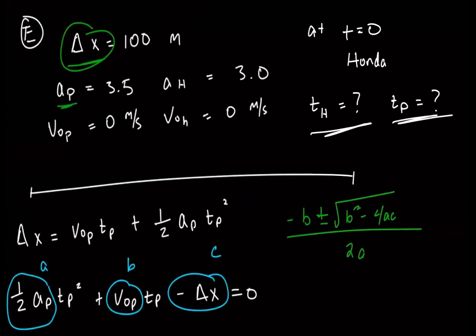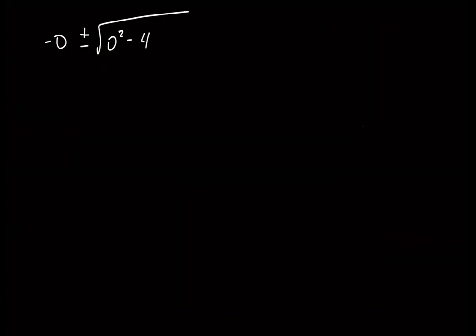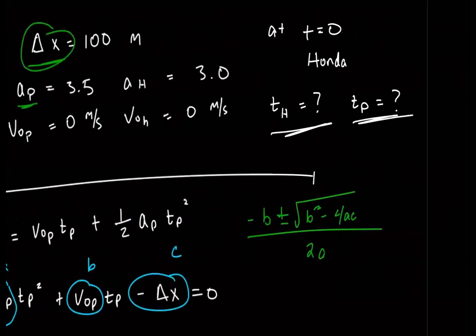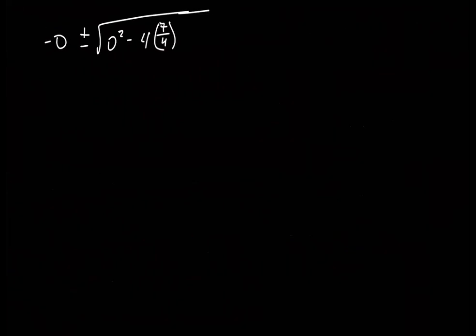I'm going to be real careful here. Minus 4, what was A? It's the acceleration. So 3.5 divided by 2 is 7/4, maybe? And then C is our one with no variable, just a number, and it's minus 100.